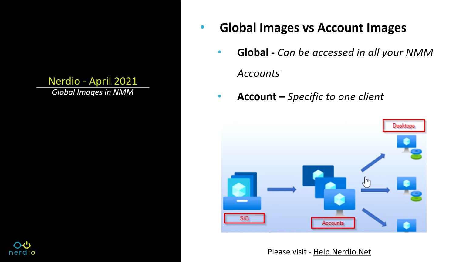So the real goal here is, if you have multiple Nerdio Manager for MSP accounts, you have a single image or images that can effectively work across all of those accounts. The goal is to have one image that can filter through multiple accounts as opposed to multiple images that you're managing across all accounts.